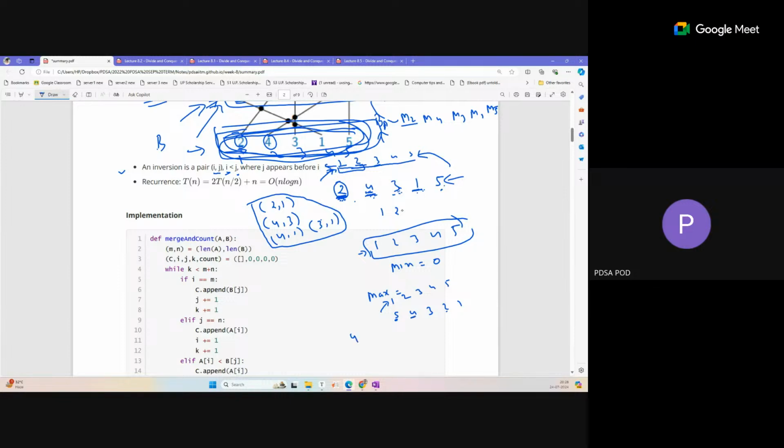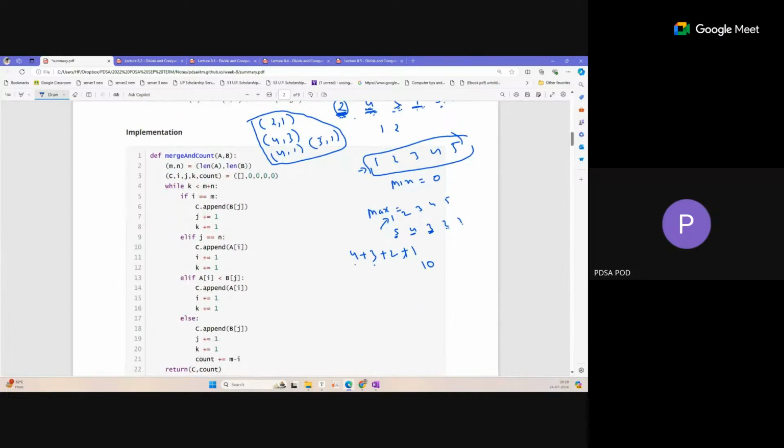Then for 4 you will get 3, for 3 you will get 2, and for 2 you will get 1. So 4 plus 3 is 7, plus 2, and total 10.